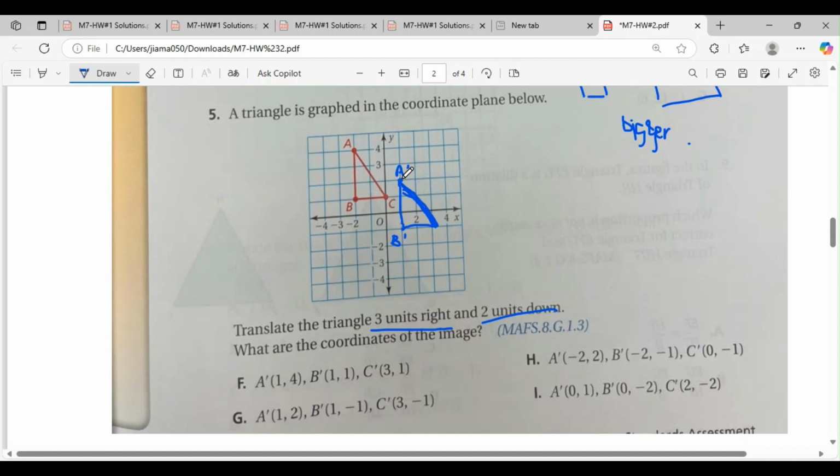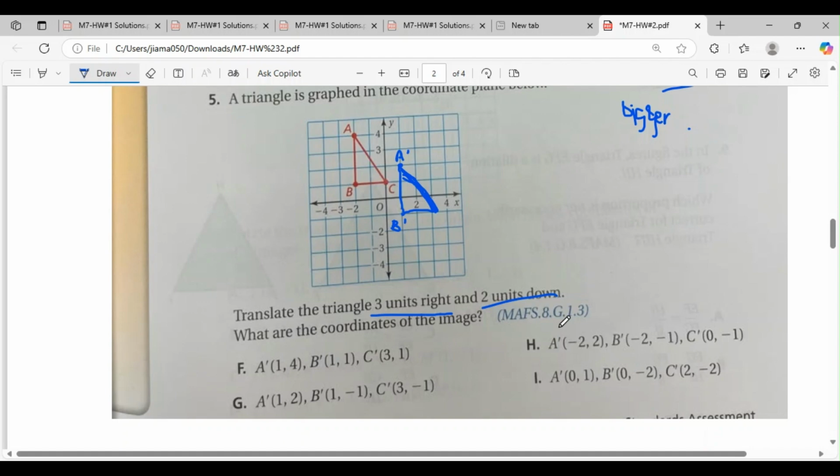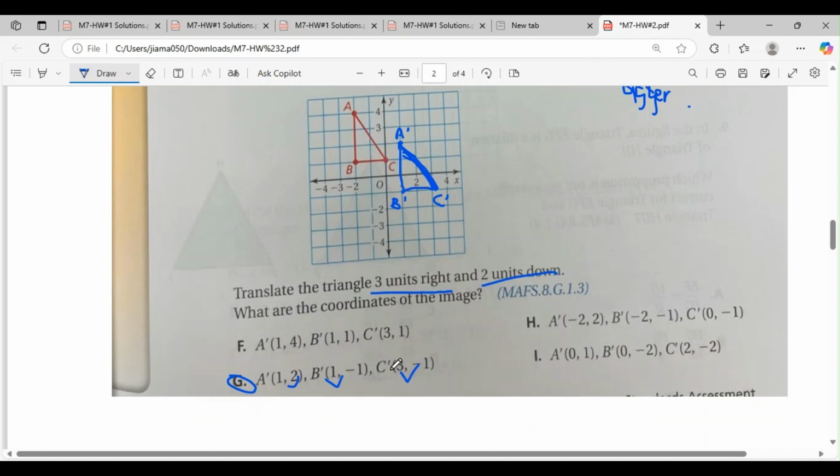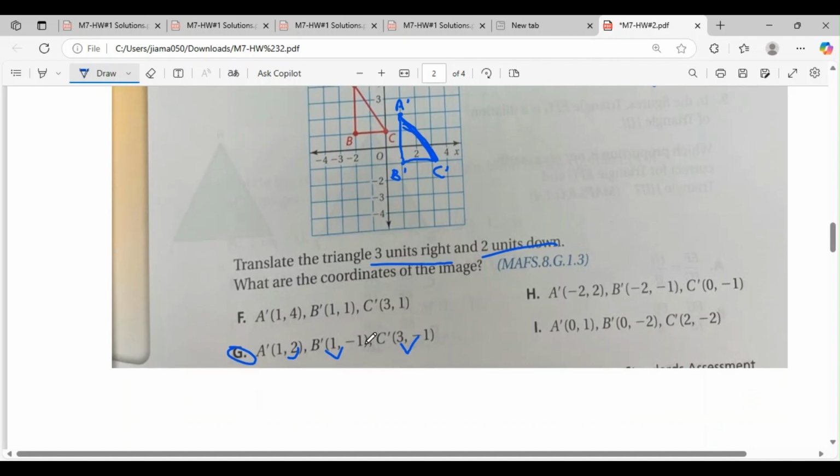Letter A is 1, 2. Which one? 1, 2. So letter G, only letter G. Let's check B and C. B is 1, -1. Yes, that's right. C is 3 and -1. Yes, that's also correct. So the correct option is G.